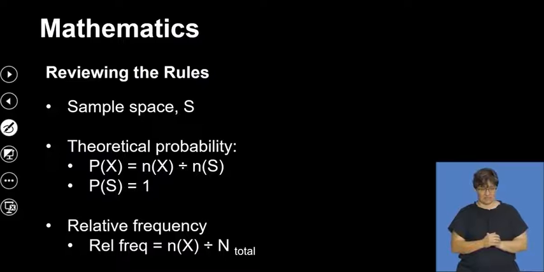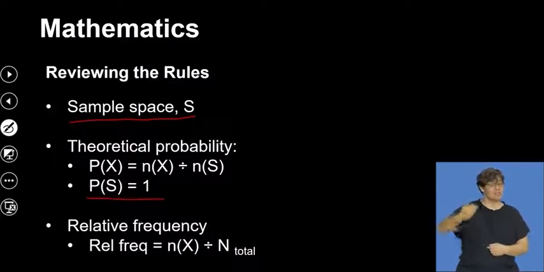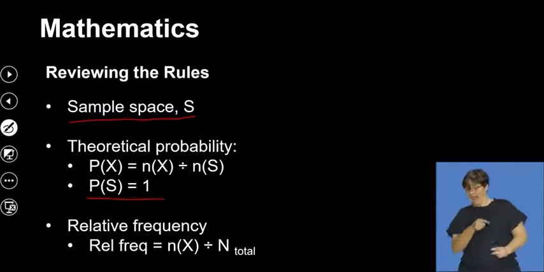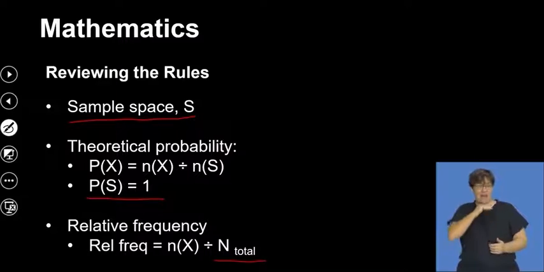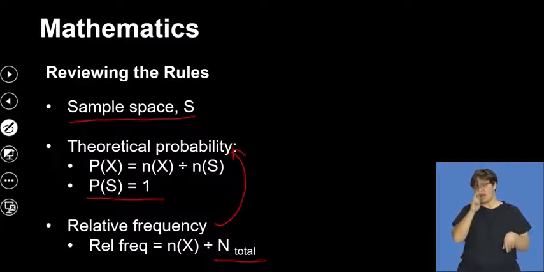Remember, we've done this lots of times. The sample space is represented by S. We say that the probability of the sample space is 1. Relative frequency is what we get when we do an experiment. It might not give us the theoretical outcome that we were predicting with probability, but if we do enough trials, if we make this very big, then we will get close. These two will get closer and closer to each other if we do lots and lots of trials.